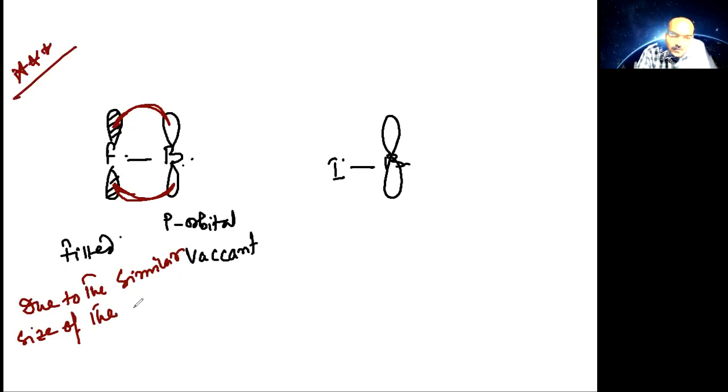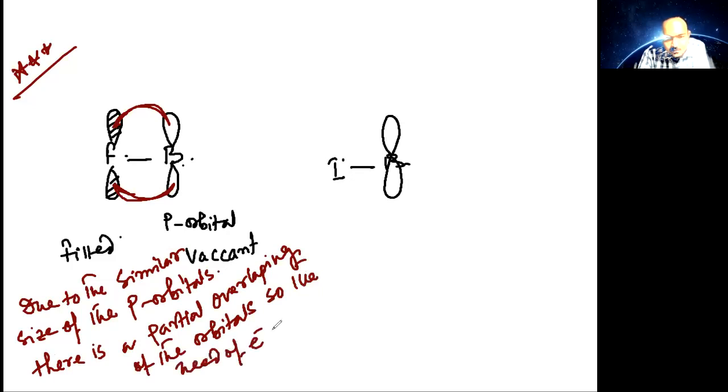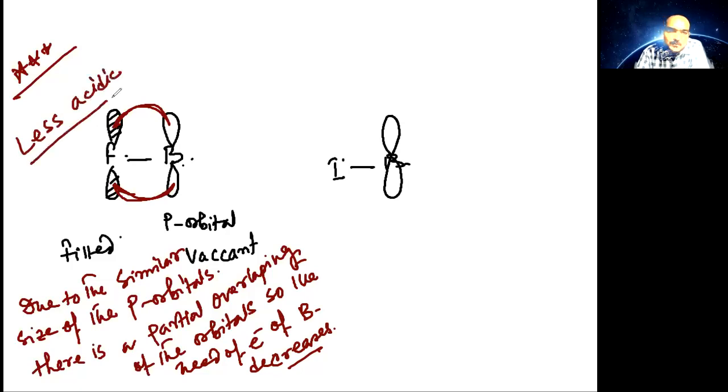Due to the similar size of the p orbitals, there is a partial overlapping of the orbitals, so the need for electrons of boron decreases. So it becomes less acidic.